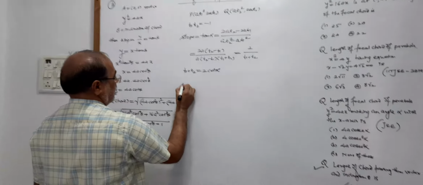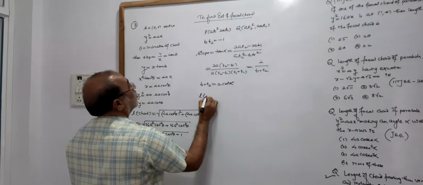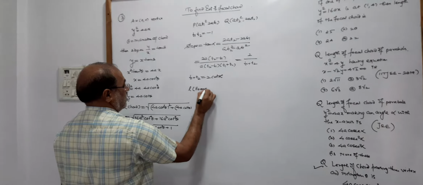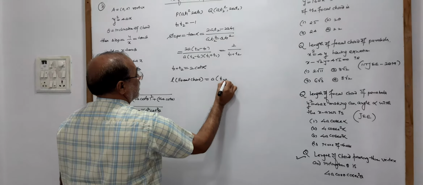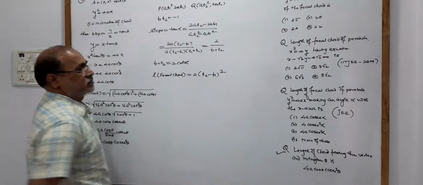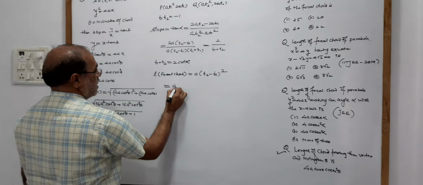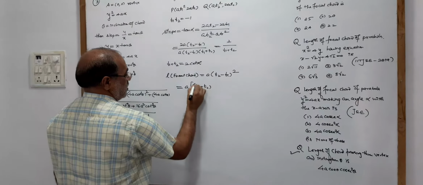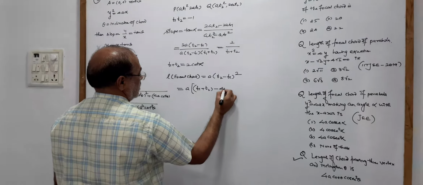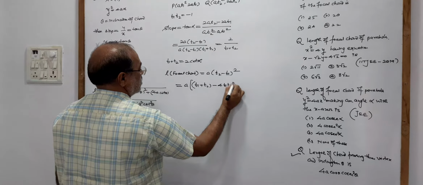Recently we have derived the length of the focal chord equal to a into (t2 minus t1) square. Or we can write a into ((t1 plus t2) square minus 4 t1 t2).